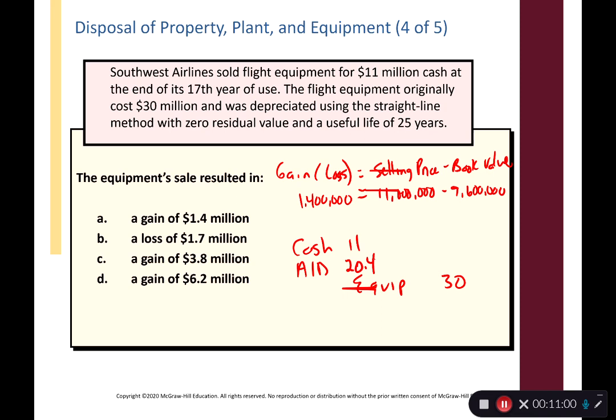And then we have to determine if debits equal credits. 20.4 plus 11 is 31.4. That doesn't equal 30. So in this example, we're going to need a credit to make it balance of 1.4. And lo and behold, that is our gain. So either way you do it, whether you use the gain-loss formula or you do out your journal entry to record the disposal, you'll arrive at the same conclusion, which is that we have a gain of 1.4 million.